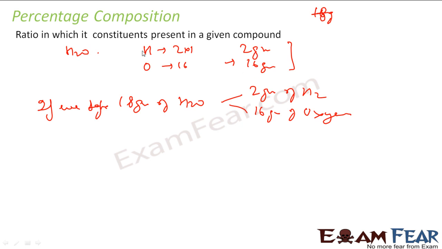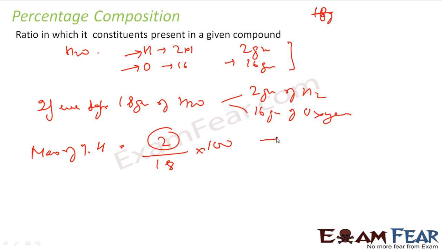Why? Because it will have 2 moles of hydrogen and 1 mole of oxygen. 2 moles of hydrogen is nothing but 2 grams and 1 mole of oxygen is 16 grams. Thus, my mass percent of hydrogen will be 2, because there are 2 hydrogen, by the total weight 16 plus 2, 18, into 100.